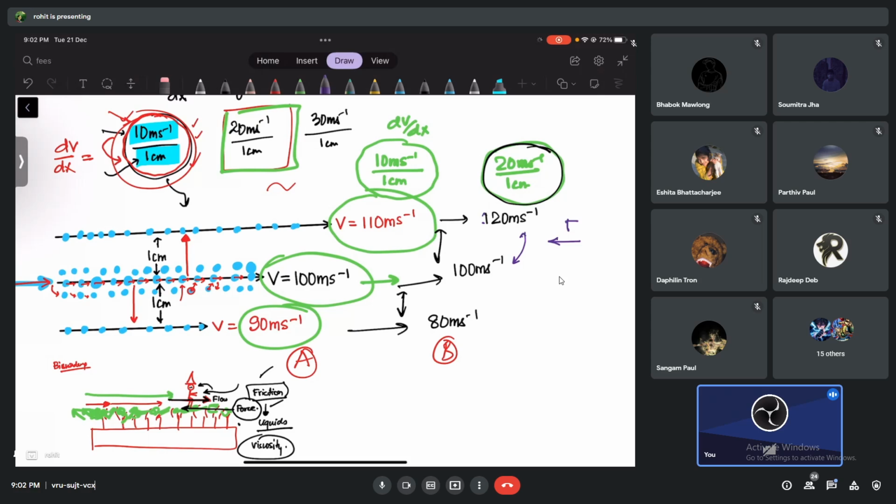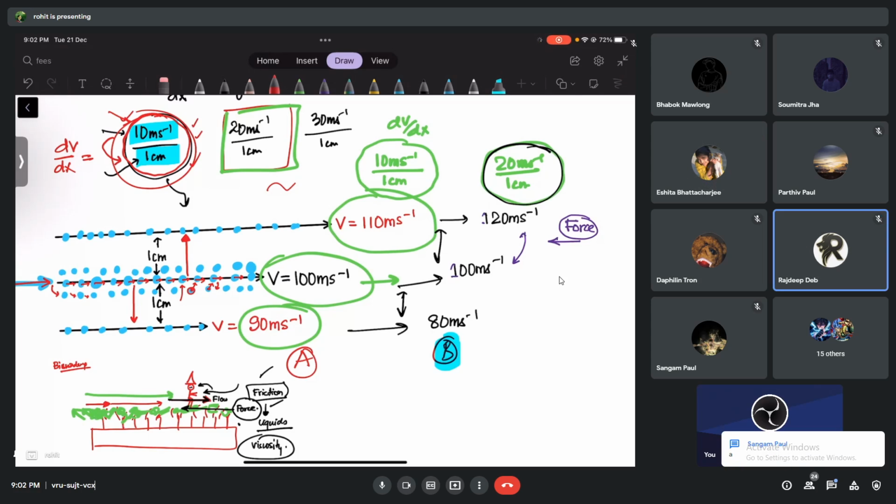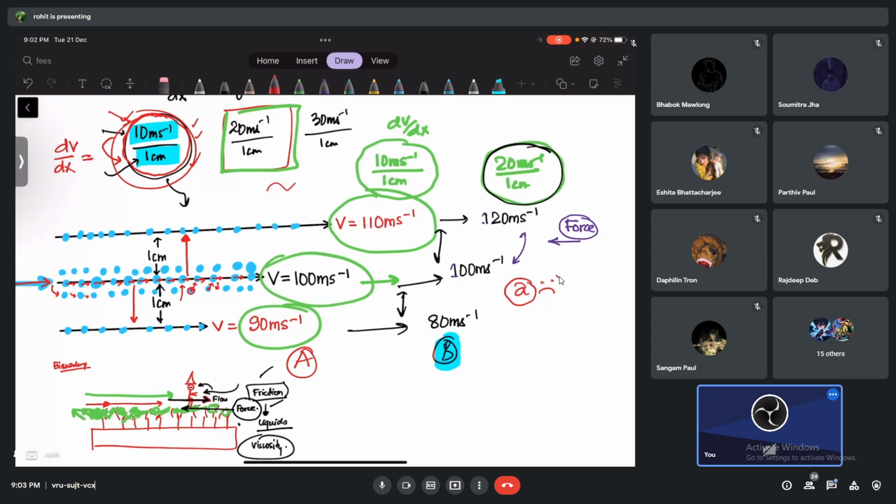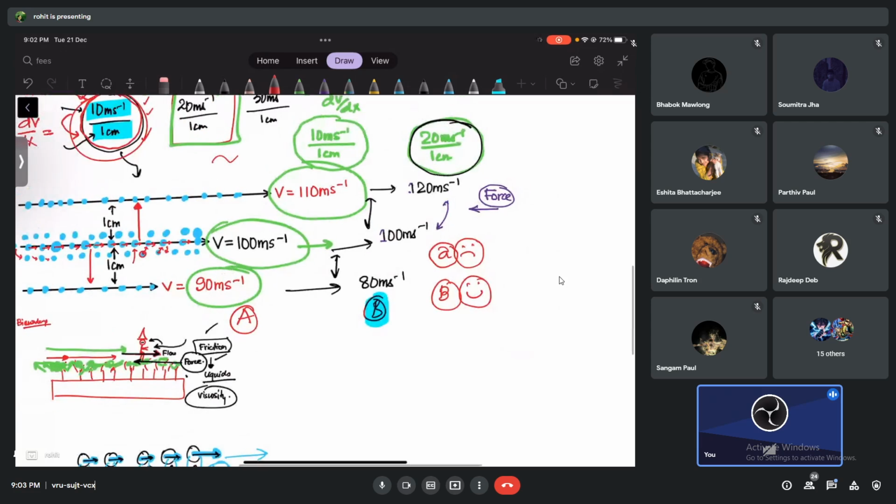Think and tell me. A or B? In which case do we have more opposing force? The answer is B.